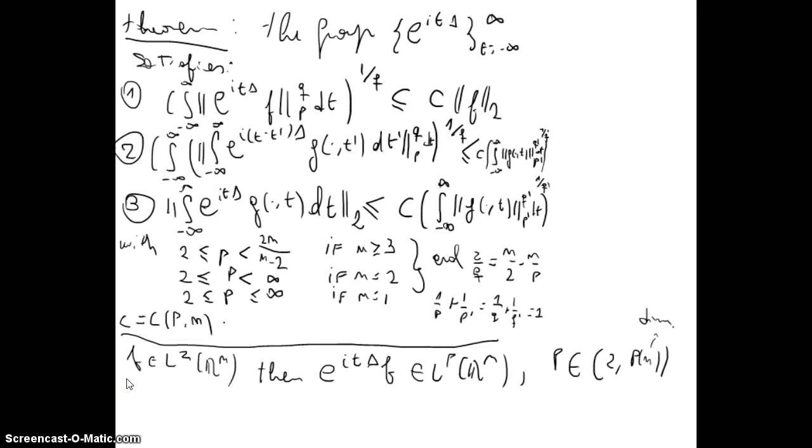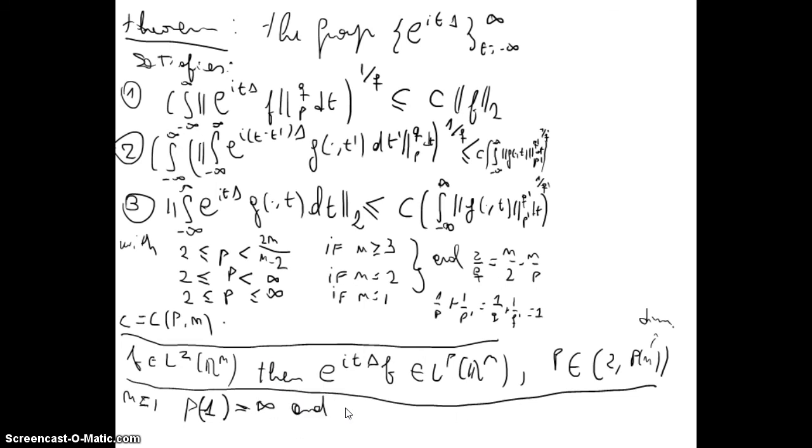But for example, if we have n equal to 1, okay, then we're going to have that this p is going to be, well, infinity. And okay, making the same for q, we will have that q is equal to 4.